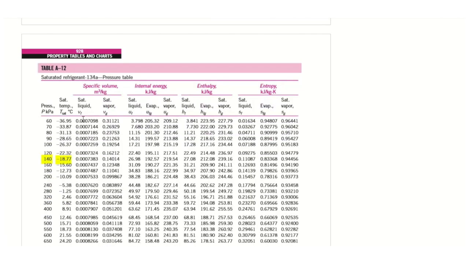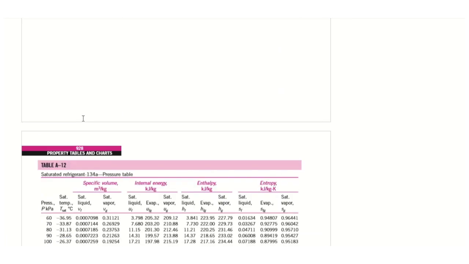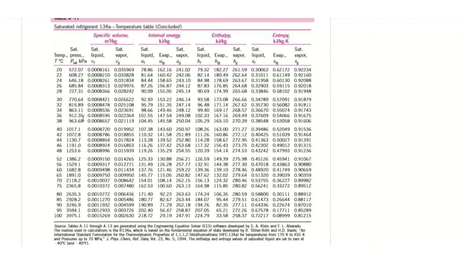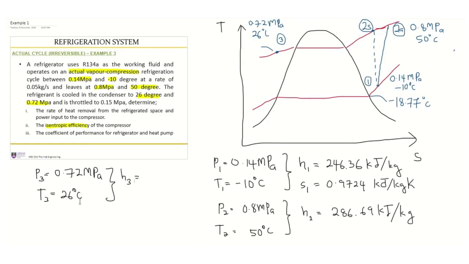We are going to refer, instead of the pressure table, to the temperature table at 26 degrees C, right?